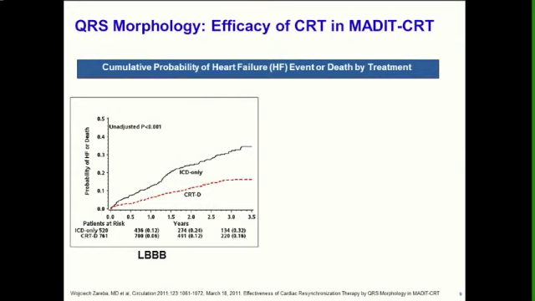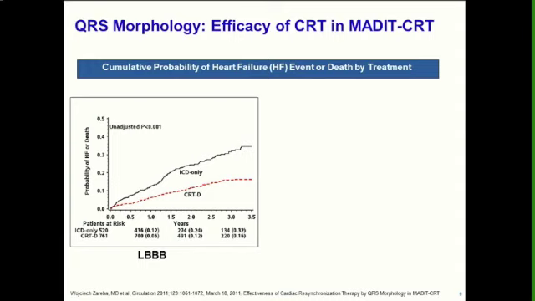The trial highlighted the importance of QRS morphology. Efficacy of CRT depends on QRS morphology. We see here that for left bundle branch block, the modeled schematic that I showed you earlier, CRT therapy reduced the probability of heart failure or death very significantly.